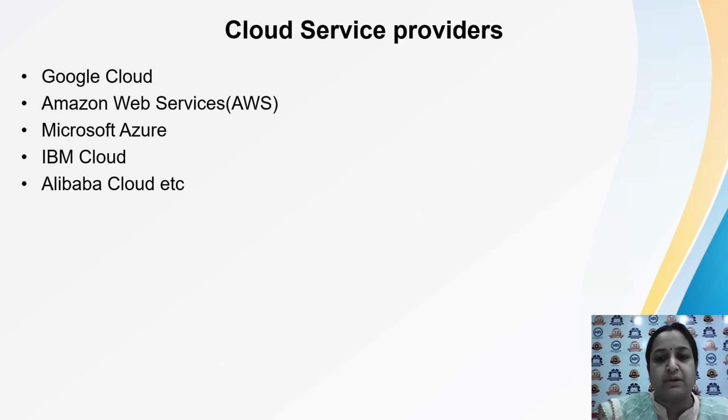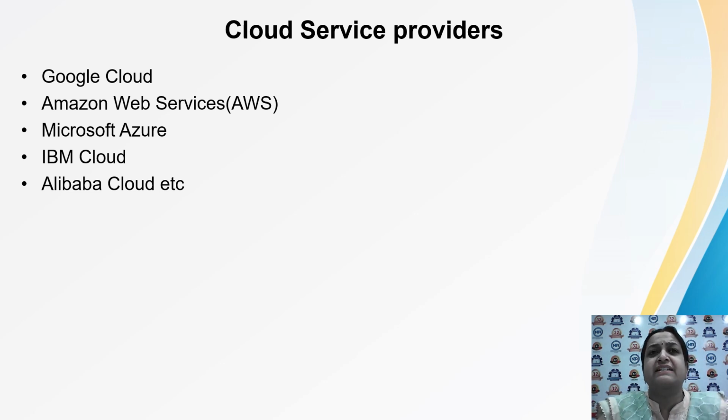So there are various cloud service providers in the market like Google Cloud, that is GC, AWS, Amazon Web Services, Microsoft Azure, IBM Cloud, Alibaba Cloud, etc. There are other cloud service providers also. The most famous ones, the mostly used in the market, are Google Cloud, Amazon Web Services and Microsoft Azure.